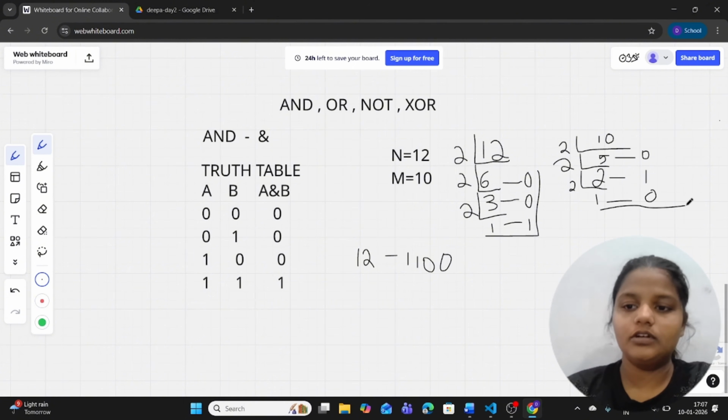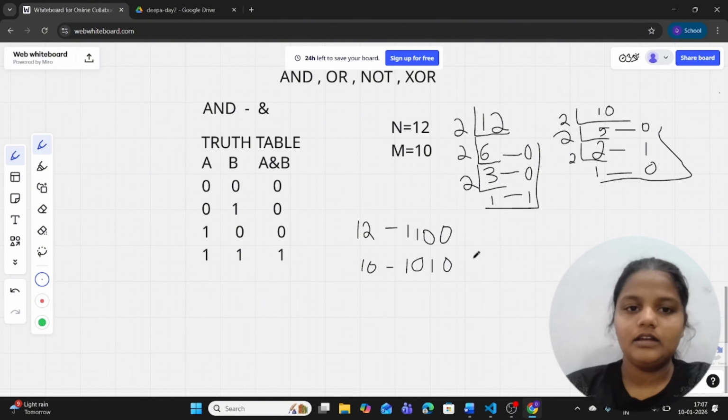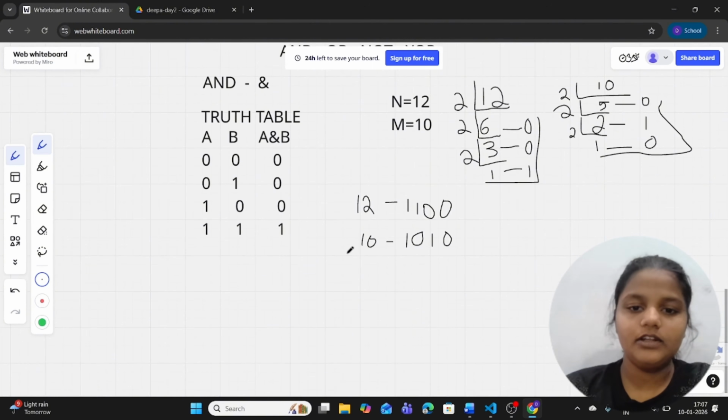So we want to look from down to upwards. Then for 10, what is the binary value? We have 1, 0, 1, 0. Now we have got the binary value, right?